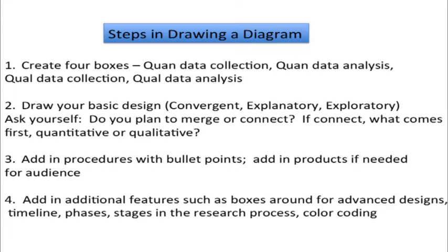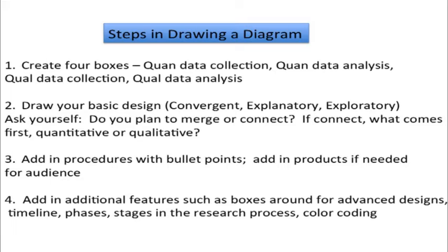There are some steps that I would recommend. I would begin by creating four boxes: quantitative and qualitative data collection and analysis, and then I would add into that interpretation. I would also start by putting into my diagram first the basic design, and then I would add the advanced design features after that.